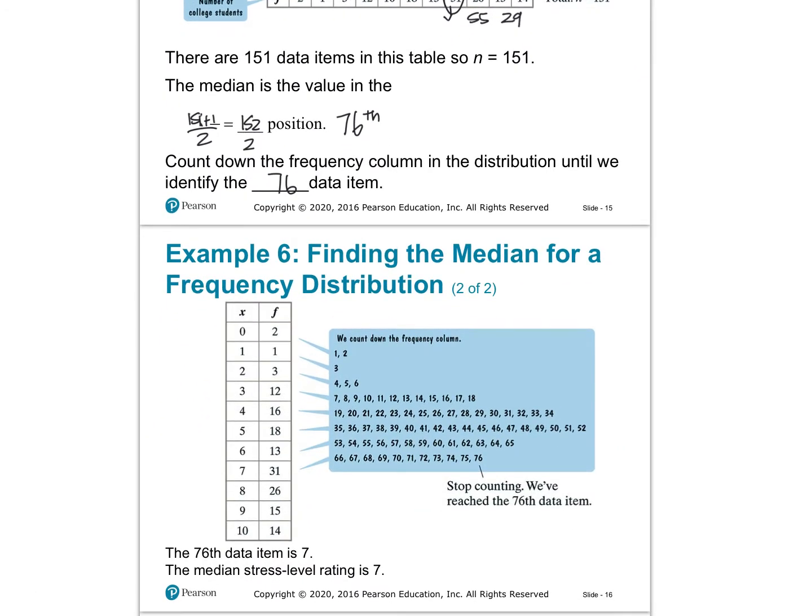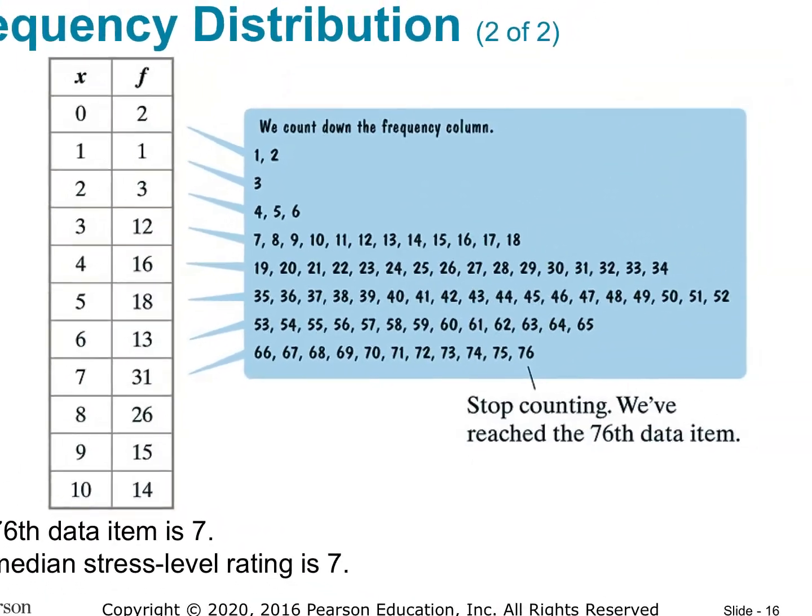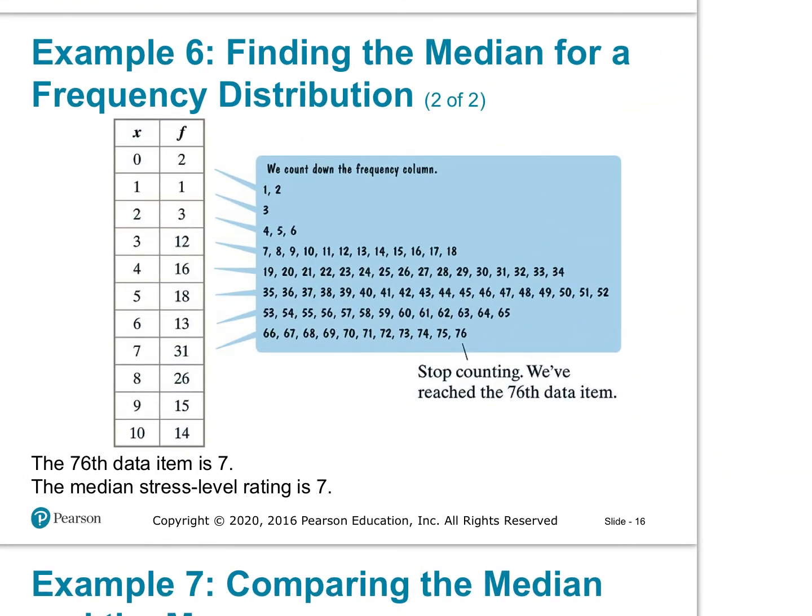So when we're looking at this, when we're counting down or counting up, at 0 you have 2, so 1 and 2. And then 1 and 1 would be 3. So 1, 2, 3, 4, 5, 6, and then 7, 8, 9, 10 until 18.